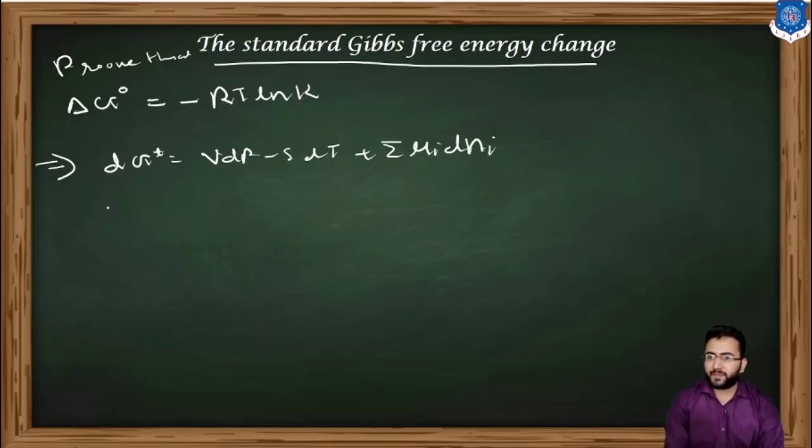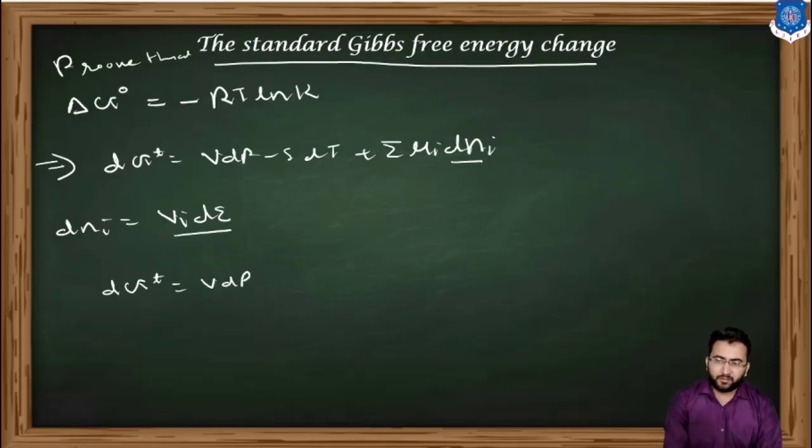We already proved that d ni is equal to vi d epsilon. Replacing this d ni with vi d epsilon, the equation becomes d(nG) is equal to nV dP minus nS dT plus summation of mu i vi d epsilon.